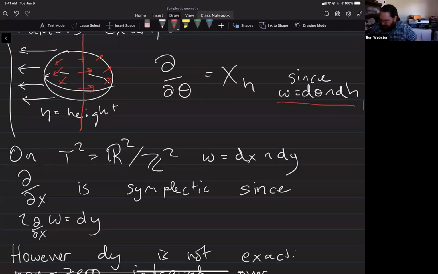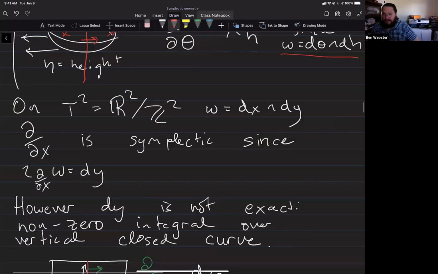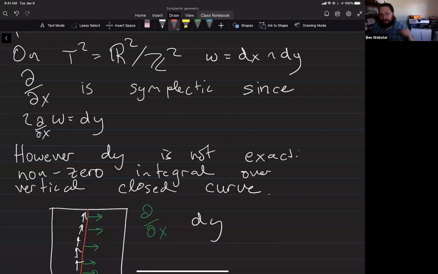All right. On the other hand, a symplectic vector field which is not Hamiltonian. So I want to look at the 2-torus, and I want to think of that as the quotient of R2 by the subgroup Z2 of vectors with integer entries.